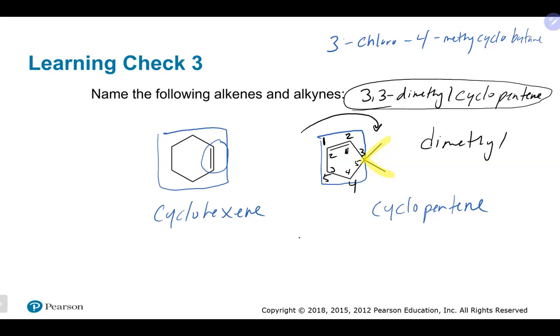Because you have that cycloalkane or cycloalkene, that really is your main part of the molecule. So anything that would be, like you said, attached to it would be considered a group in most cases. No, because again, it's a ring structure, so it's assumed wherever that double bond is will be carbon number 1. So you don't need to do it.